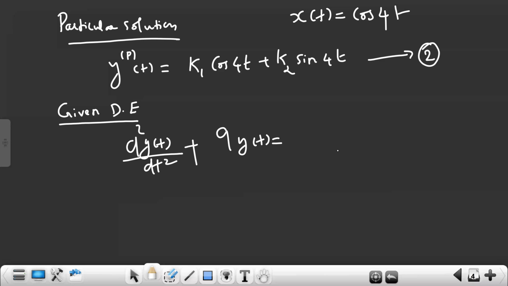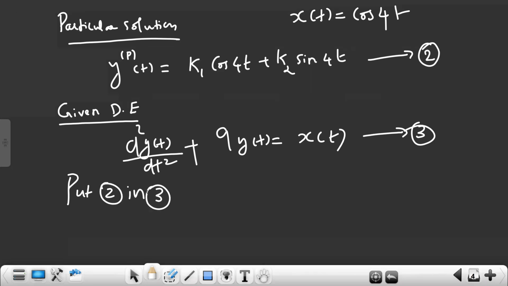In this we need to substitute, so put 2 in 3. Why are we putting 2 in 3? Because we are going to find the values of K1 and K2. So we have rewritten our differential equation, and in that we will substitute our particular solution.